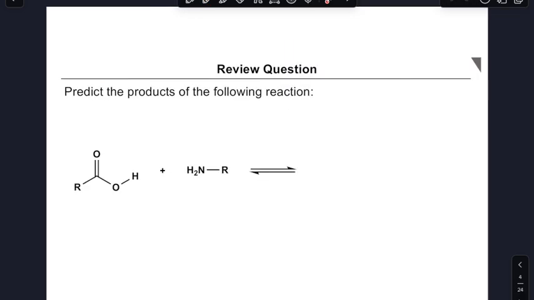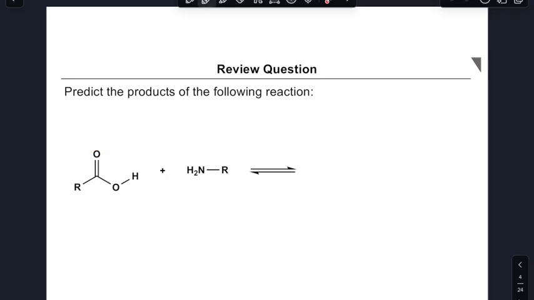Okay, for today's review question, we're asked to predict the products of the following reaction. So take a second, review this, look at the 2 starting materials, and think of what reaction you might be expecting. If you look at the functional groups, we have a carboxylic acid and we have an amine.